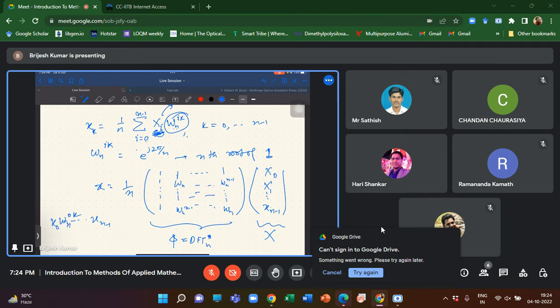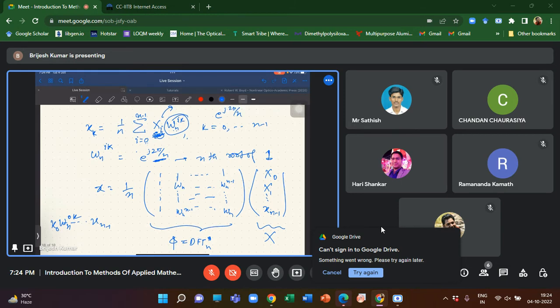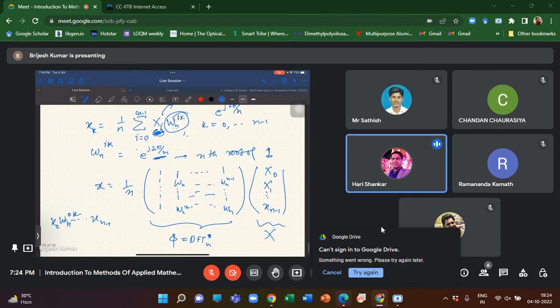So this wn ik is equal to e to the power j 2 pi i by n. So this is the nth root. You can write here e to the power j 2 pi by n.